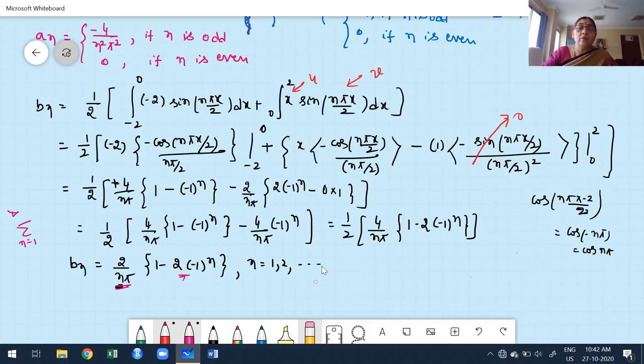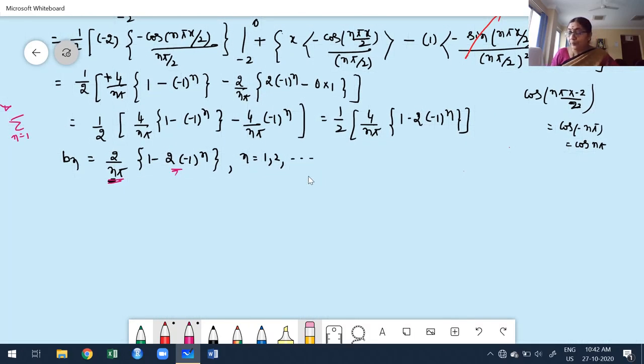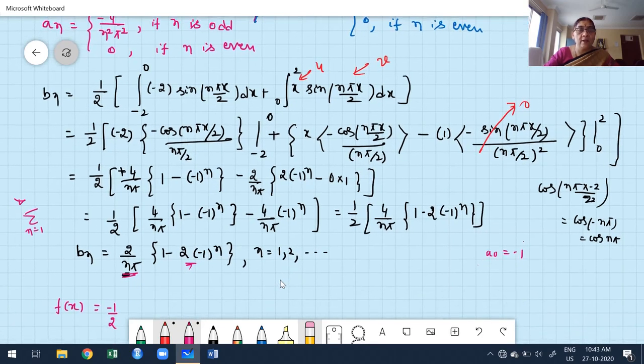Now, what is my Fourier series based on the a0, an and bn? f of x equals a0 by 2, a0 is minus 1, a0 by 2 is what? Minus half. While coming to the an, which case 0, even case 0, only I have to take odd case.